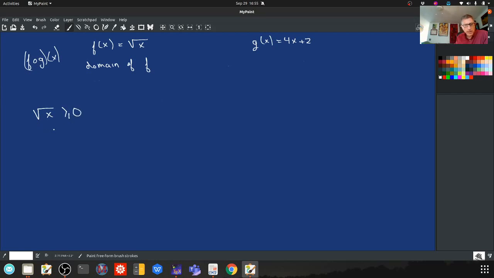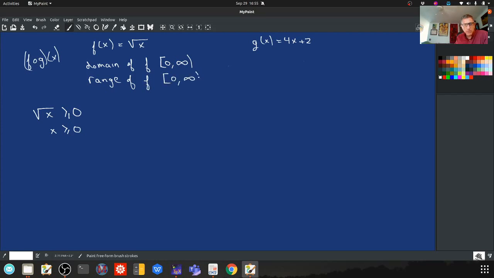Squaring both sides, x has to be greater than or equal to 0, because these are real valued functions. So the domain of f is 0 to infinity. And the range of the square root function, remember, these are real valued numbers, and they're always 0 or positive. The range of f is also 0 to infinity.